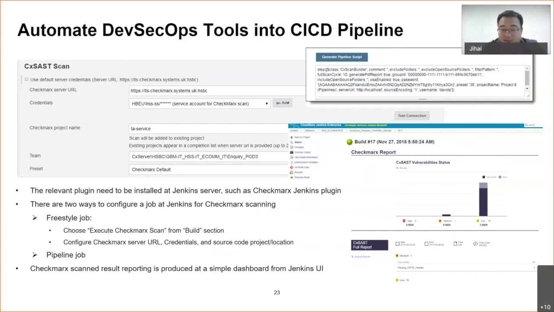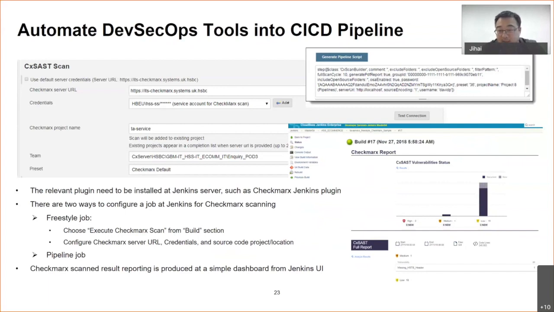Another way is something you can use in the Jenkins tool. We normally call it pipeline code, similar to the one on the red top. By writing code, you can configure the integration of Checkmarx into Jenkins. Finally, once you finish your configuration in your pipeline and kick off the pipeline, it gives you results on a dashboard, the one on the red button.